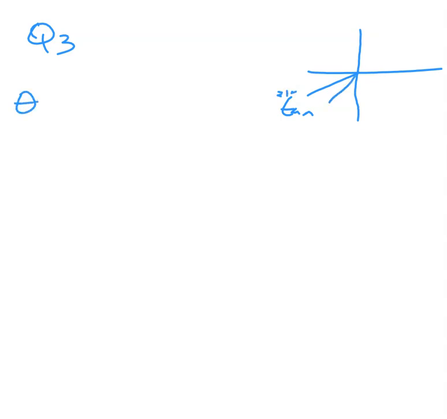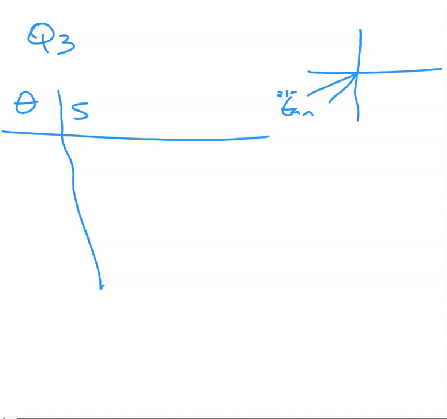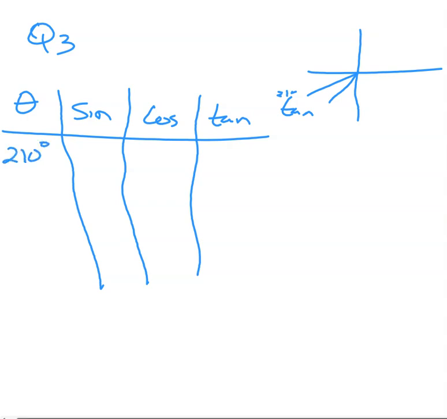Theta, sine, cosine, tangent. So here we're going to have 210 degrees, 225 degrees, 240 degrees, and then 270 degrees.